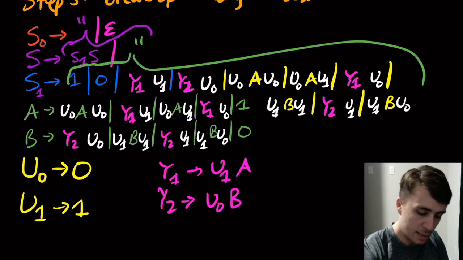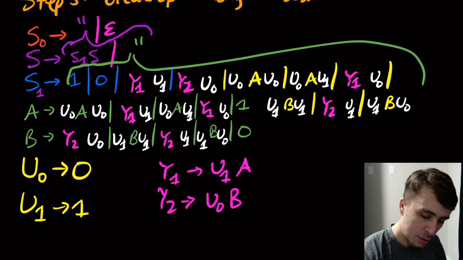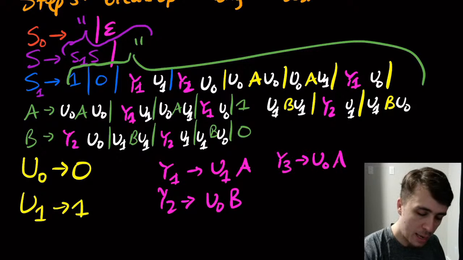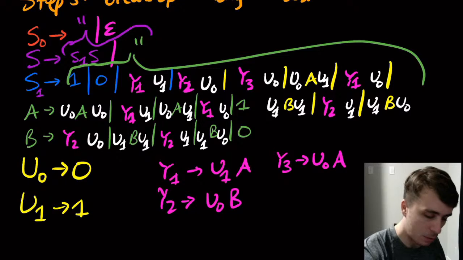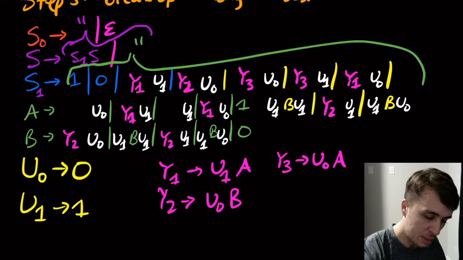So then I think we'll only have 4 Y variables, so to speak. The third one will be a Y3 going to U0A. Anytime I see a U0A in a context of 3 variables, I'm going to replace. So these two are going to get replaced, Y3. And then these two get replaced.